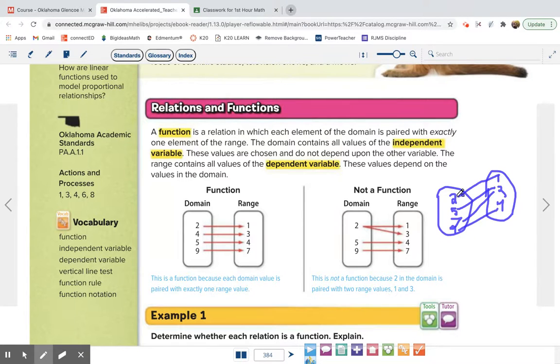Okay, so on this one, we have 2, 1, 5, 2, 5, 3, 7, 3, 9, 4. We had two of them that came to the 3 on this side. That is still a function because each of the numbers on this side have one line coming from them. You're only worried about your x values when you're trying to determine if it is a function or not.